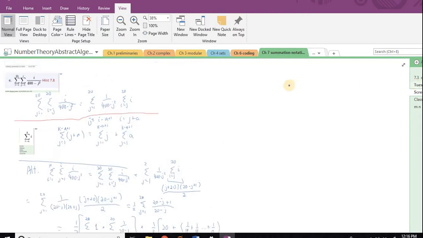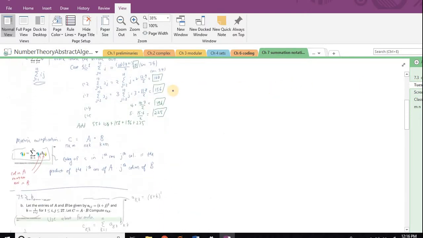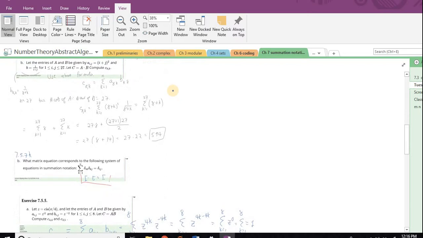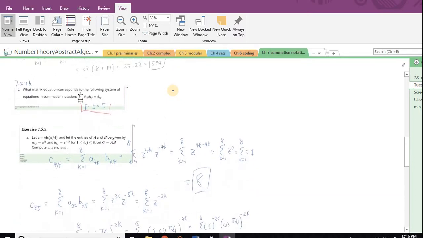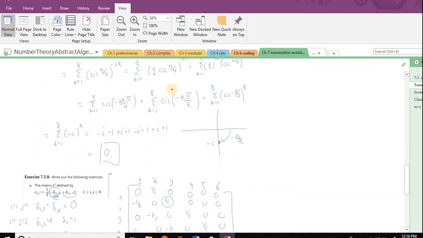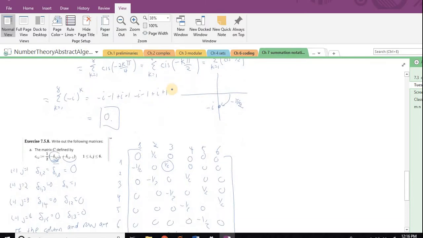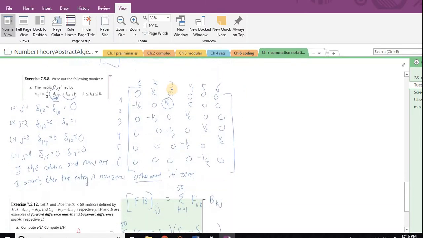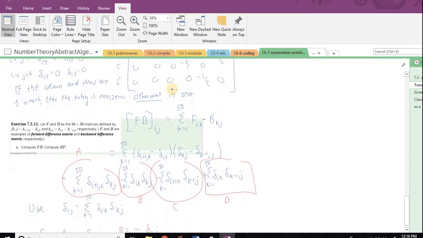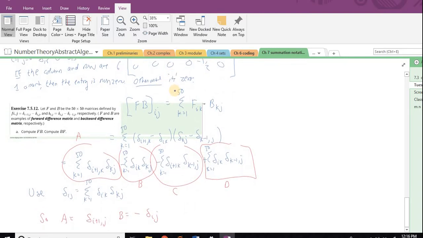Maybe it's here. Oh, here we go. I did something with the deltas here. I never did finish this. So I did A and B, but I didn't do C and D.